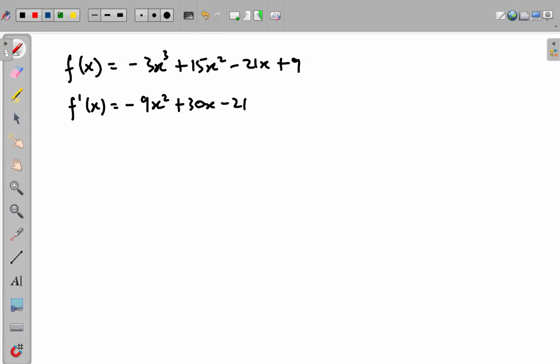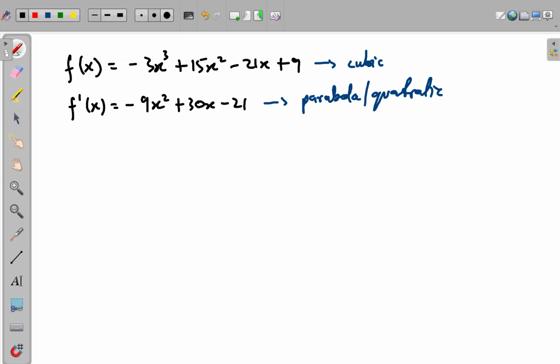Take note that f is a cubic function and this here is a parabola, or if you like, a quadratic.